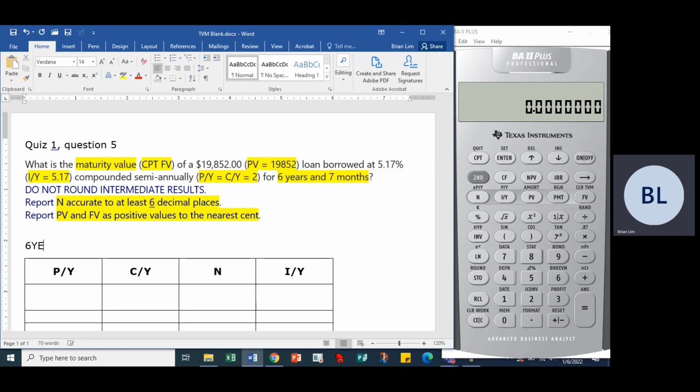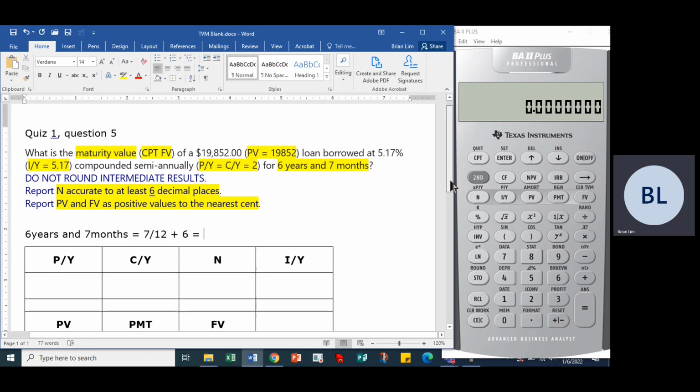So 6 years and 7 months is equal to 7 divided by 12 plus 6. And that would be equal to some number we will find out.